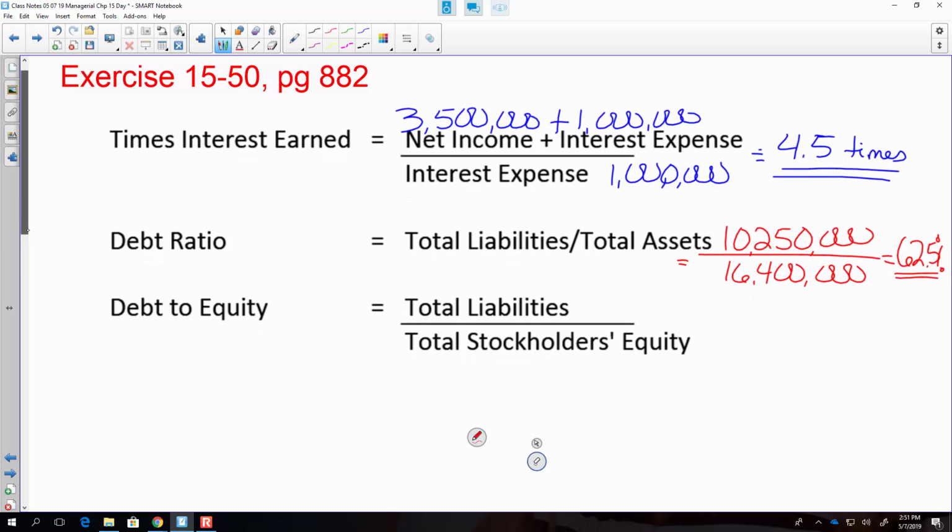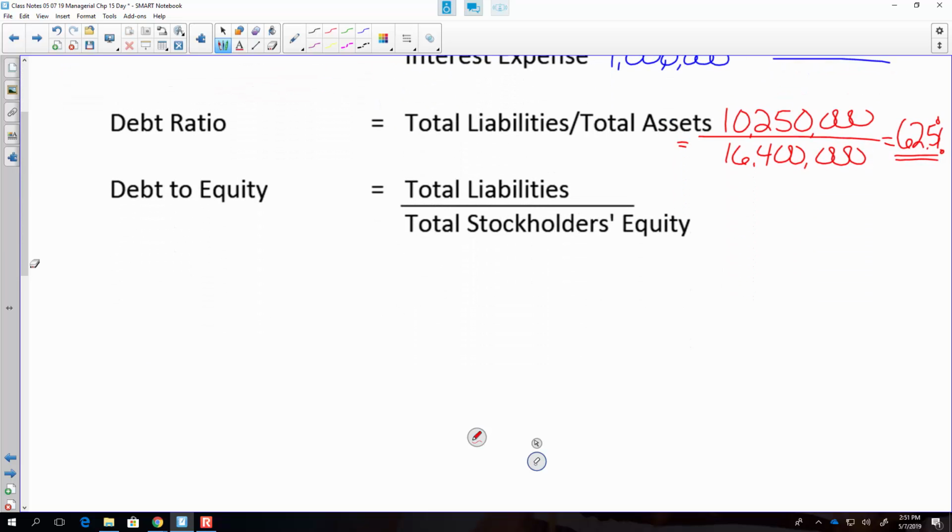And then finally, our debt to equity is our 10,250,000. I'm going to put that down here. I'm going to change colors now. 10,250,000.